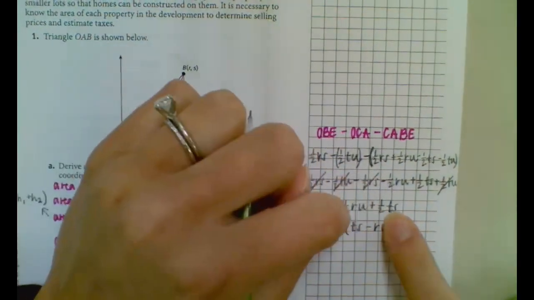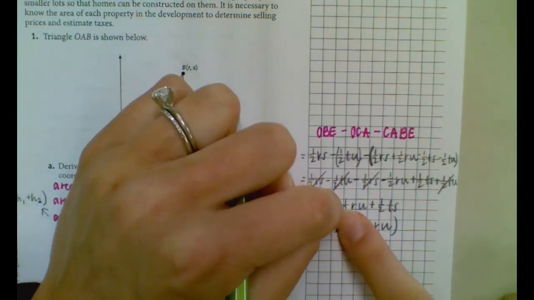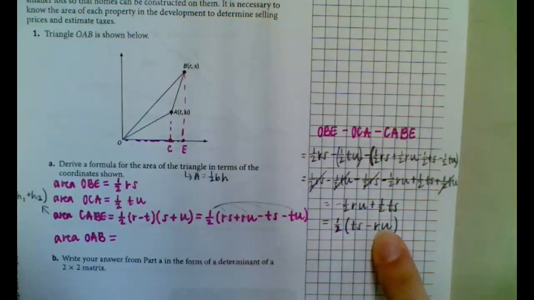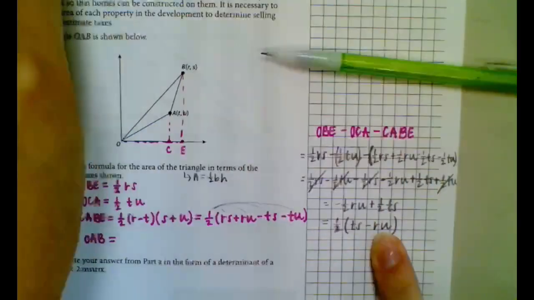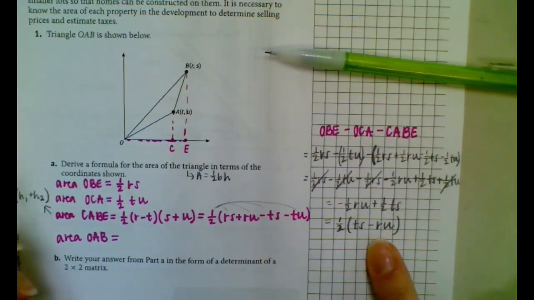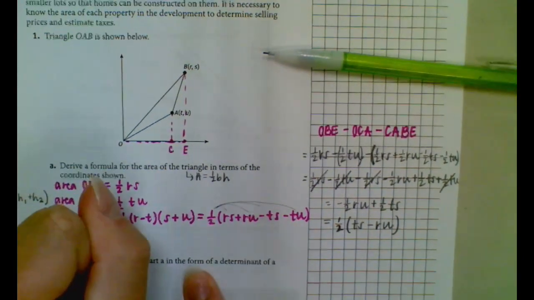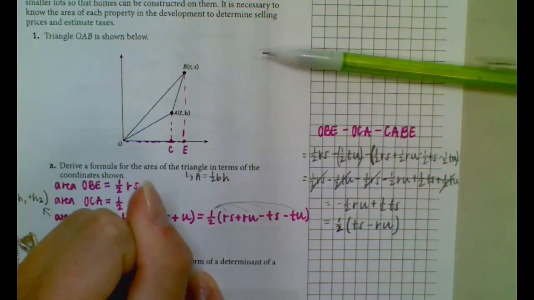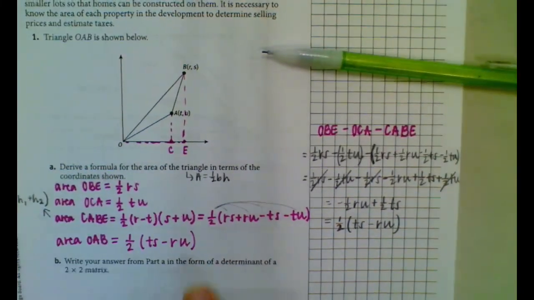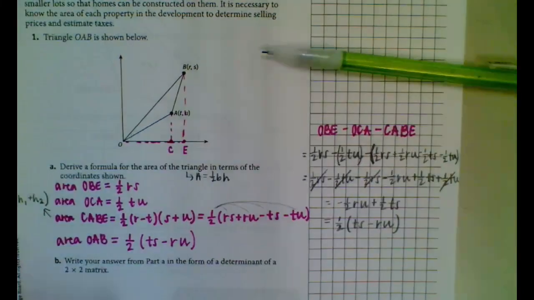I wrote the positive first, and then RU was negative, so that's why I put that there. You'll see why I wrote it like that in a second. So that is 1/2 times TS minus RU. That was a lot of work.